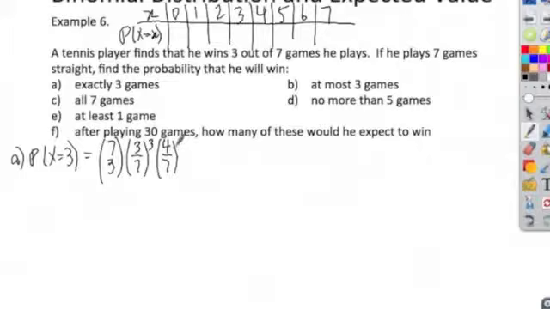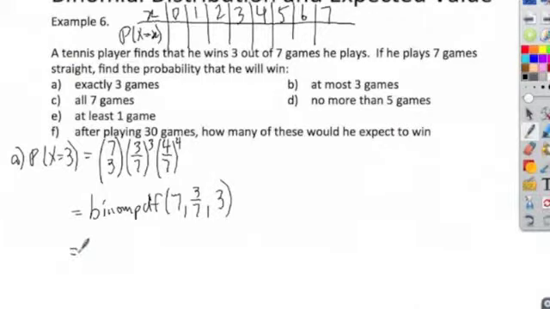Well, if he wins 3 of his 7 games, it means he has to lose 4 of the 7. If you perform that calculation, or if you do binomPDF of 7, 3/7, and 3, all of these should give you the same answer of 0.294, rounded to 3 significant figures.